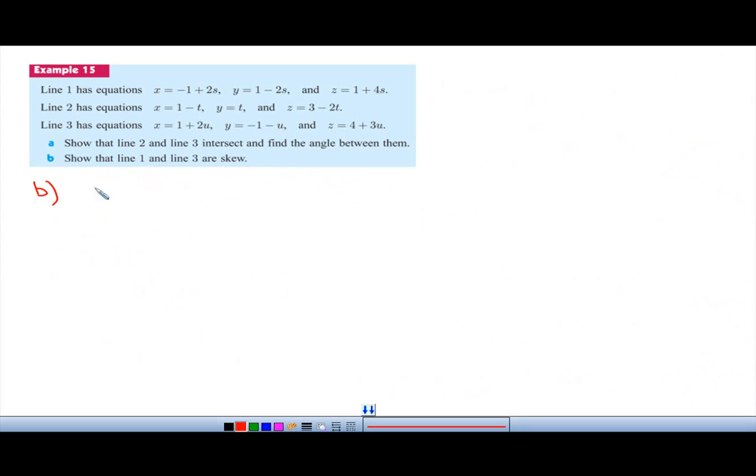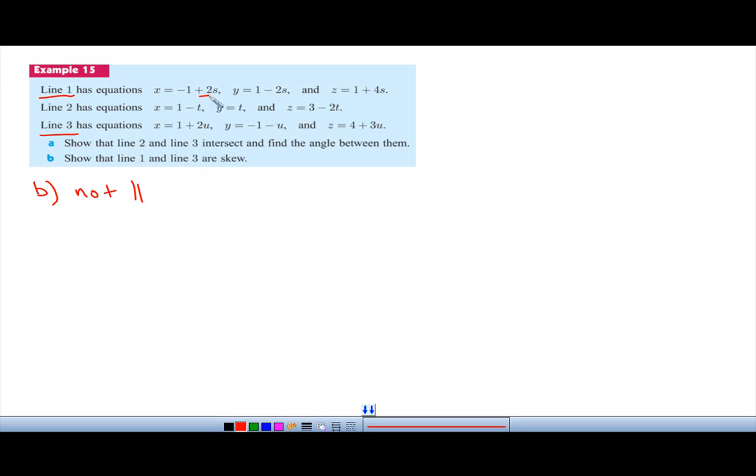So part B, we want to show that line 1 and 3 are skew. Right? So lines 1 and 3, we want to show that they're skew. Well, if they're skew, that means they're not parallel and not intersecting. So first we're going to show that they're not parallel. Okay? So if they're not parallel, we want to show that the ratio of the direction vectors are not equal. So here's line 1 and 3.